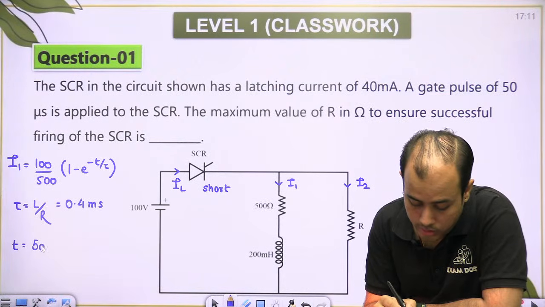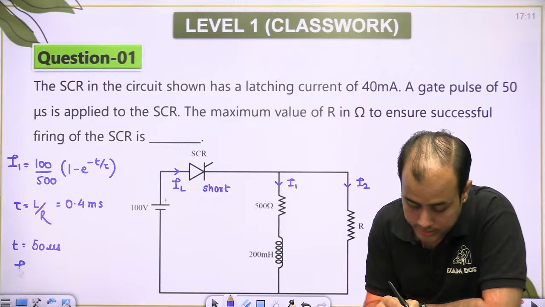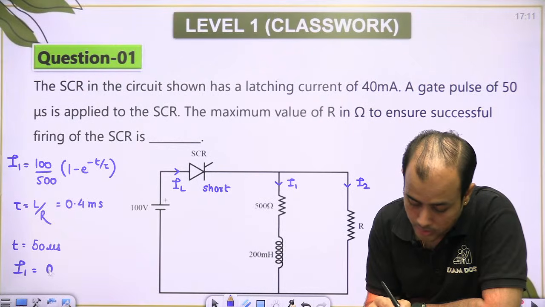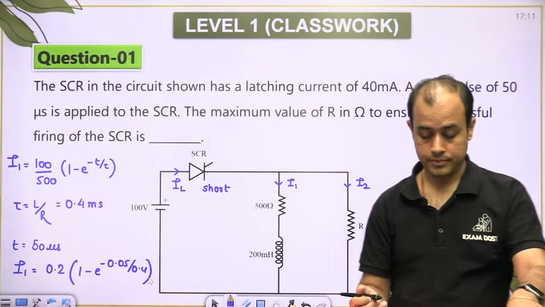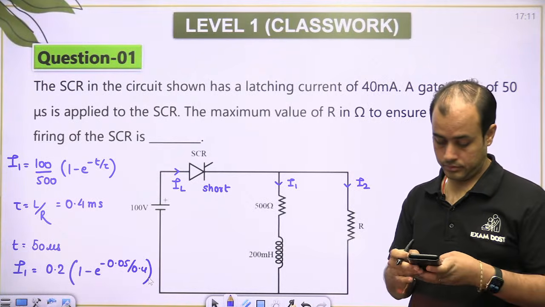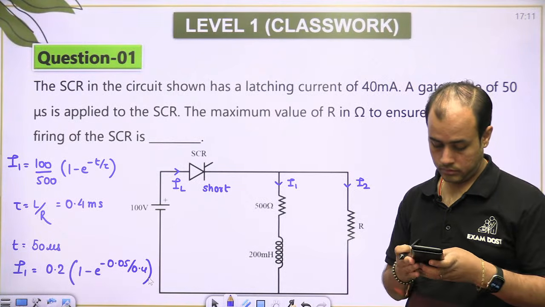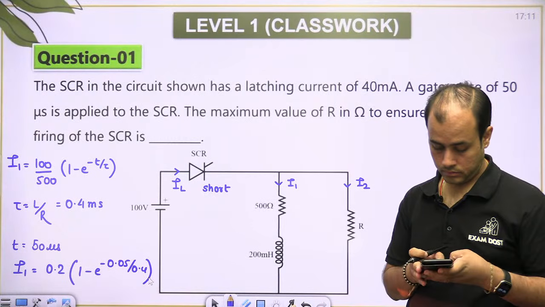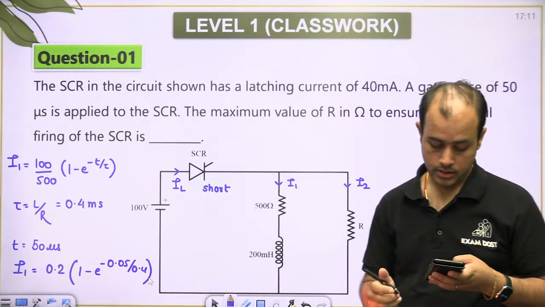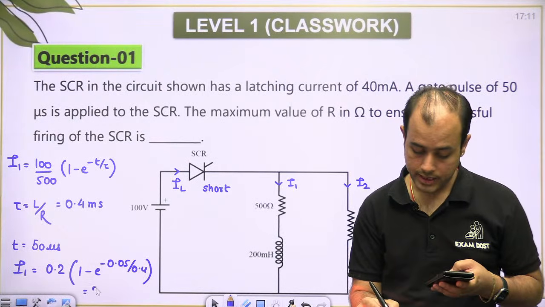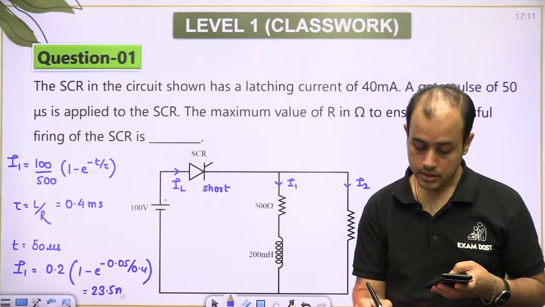So at t equal to 50 microsecond, what is I1? 23.5 milliampere.